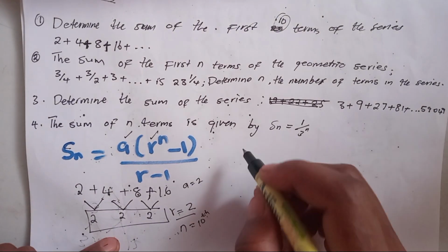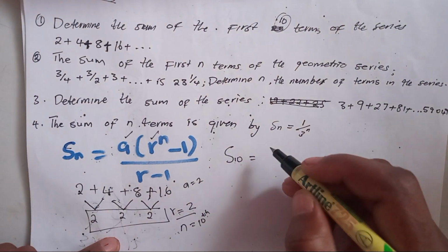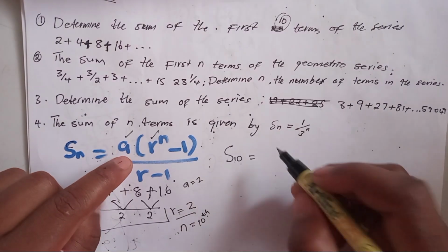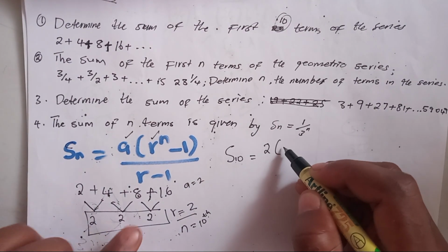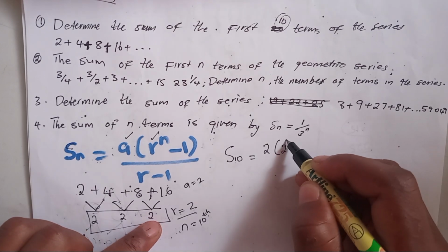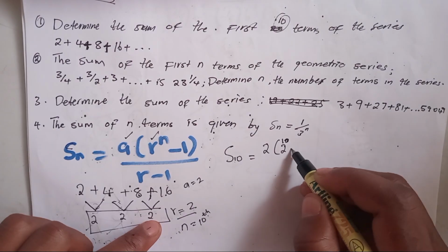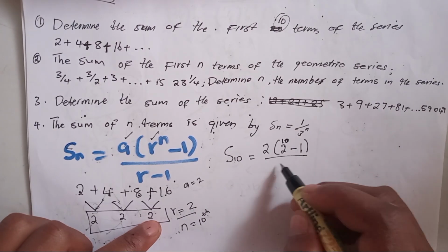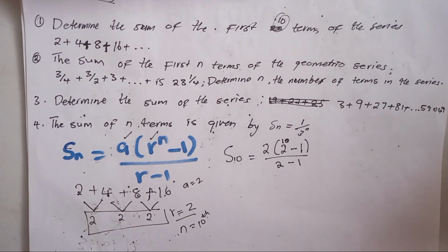So let's go ahead and substitute. S10 is equivalent to 2 into 2 exponent 10 minus 1, divided by 2 minus 1. Remember, our r is 2 and the 1 is in the formula.